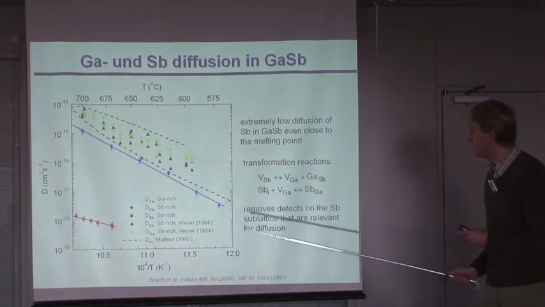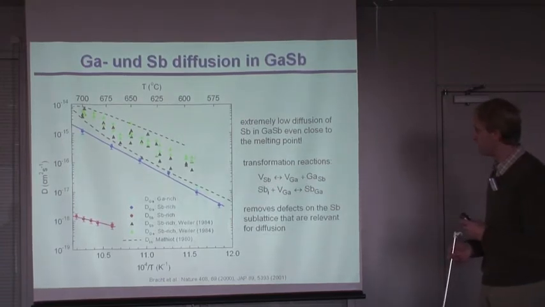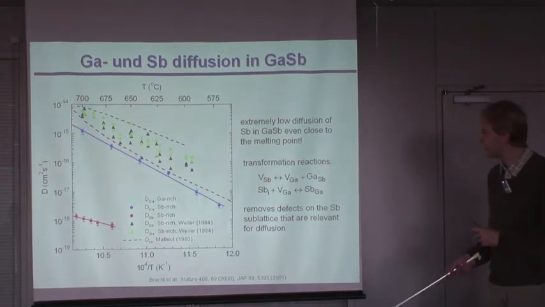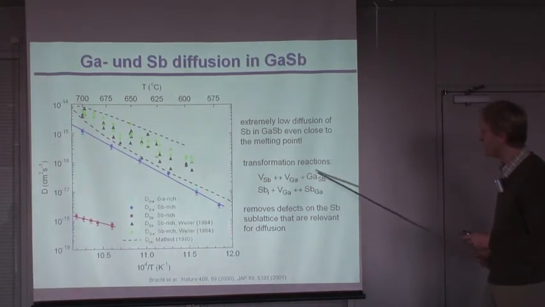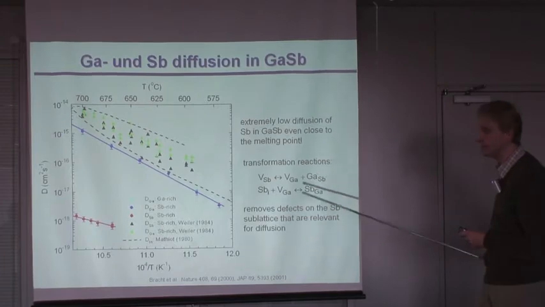And that's the reason. Looking, for example, at the antimony vacancy, the energy to create such an antimony vacancy is higher than the energy you need for the transformation from a gallium vacancy to a gallium antisite.